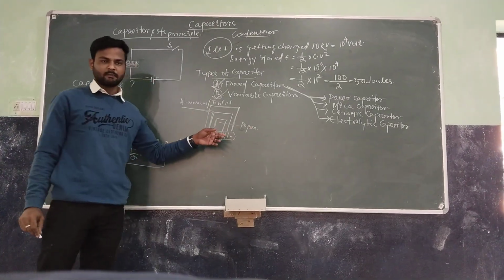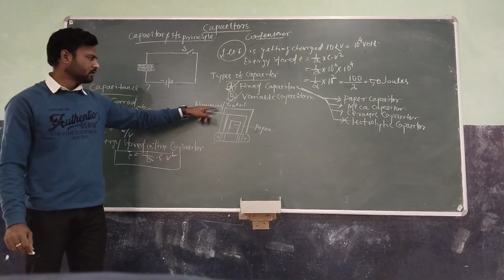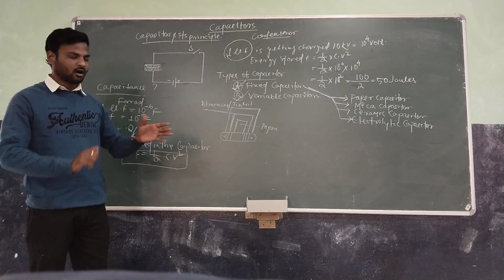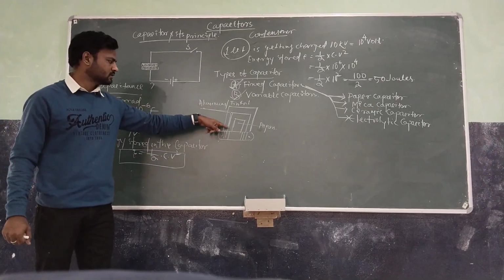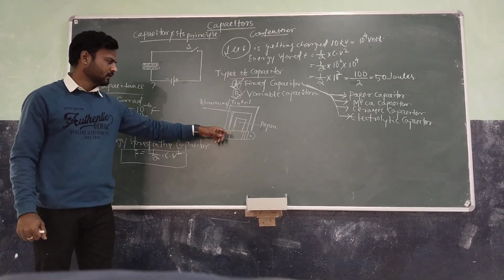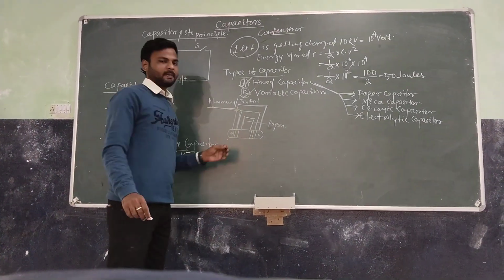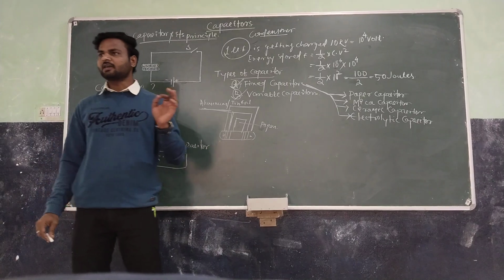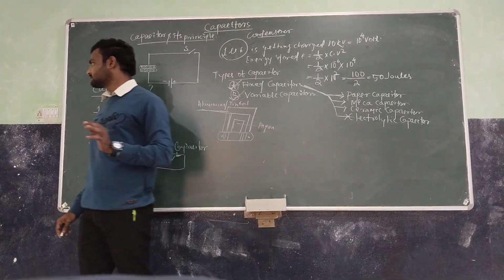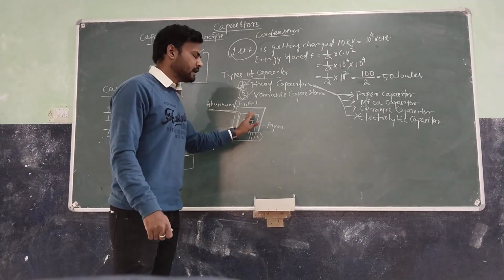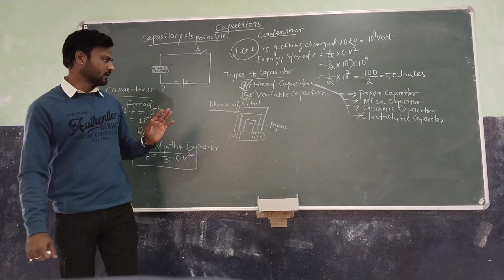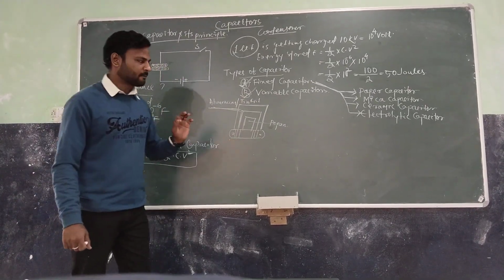Paper is used as a medium. Aluminum or tin foil are folded together and inserted in this capacitor. These capacitor values are 5 microfarad to 50 microfarad. So this is the diagram of a paper capacitor.